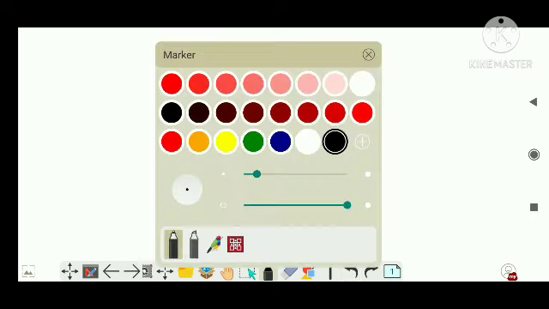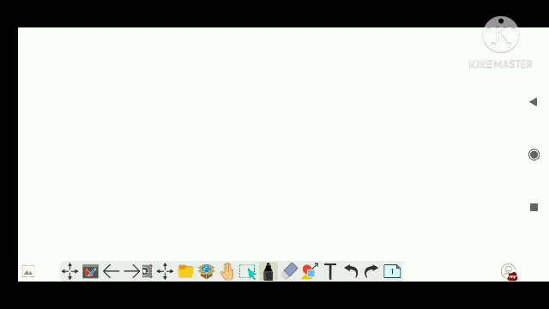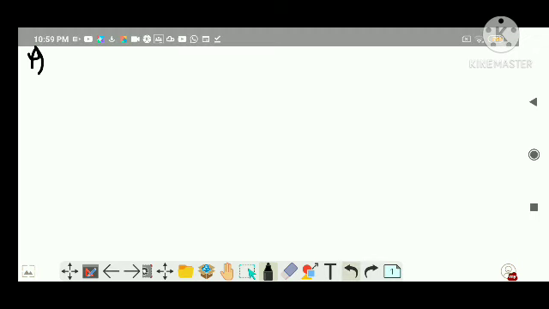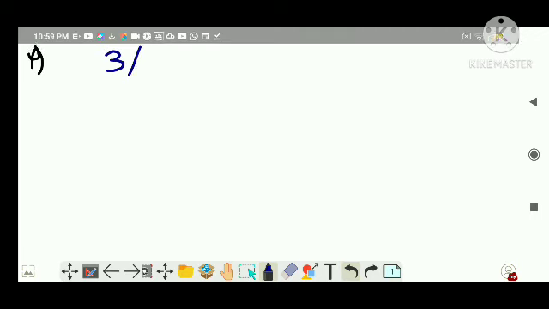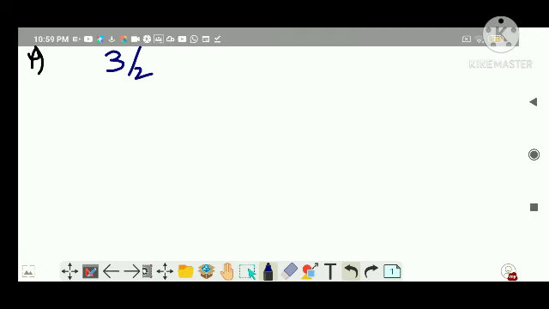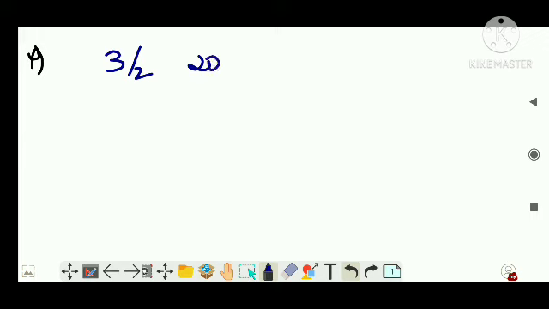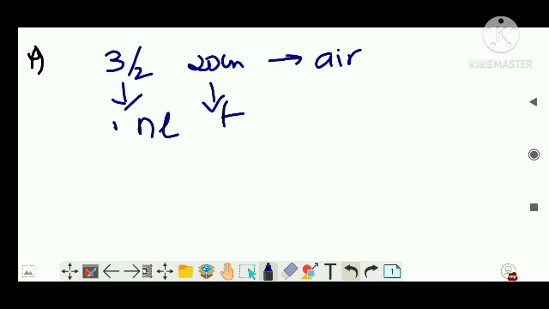Now we'll do a question related to that. Listen to the question, write the question like this. A convex lens having a refractive index of 3 by 2 and a focal length of, let's say, 20 centimeter in air. This is the focus and this is the refractive index NL.